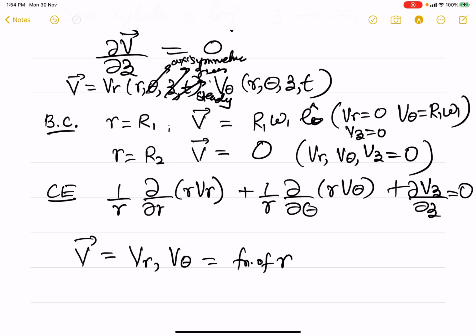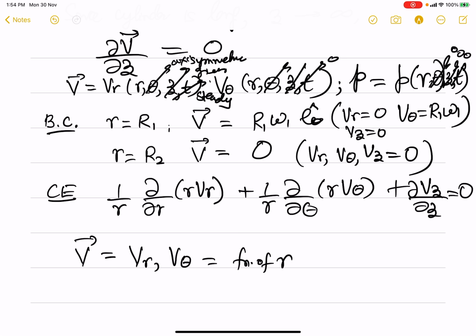We use these arguments to make this, and pressure will be a function of only r, because theta z t are specified in the problem. Pressure is not a function of these.